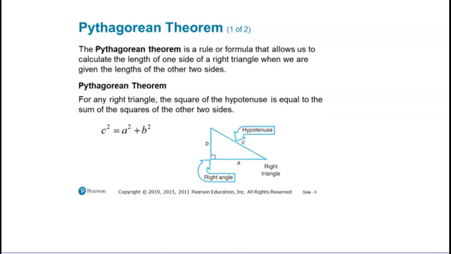So looking first at the Pythagorean theorem, it is a formula that helps us find the length of a missing side of a right triangle when we know the other two sides. Importantly, we want to make sure that we have some vocabulary out of the way.